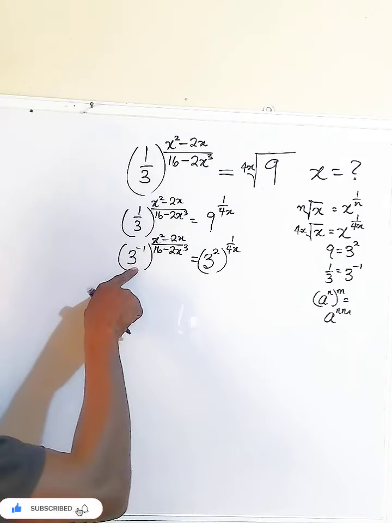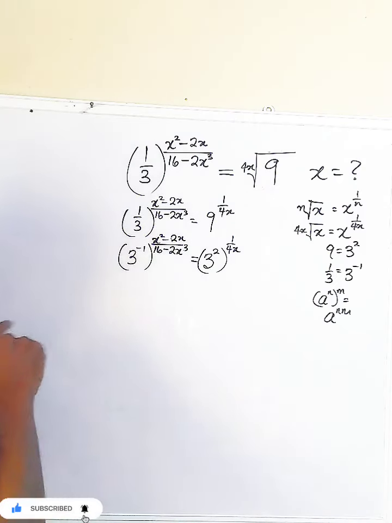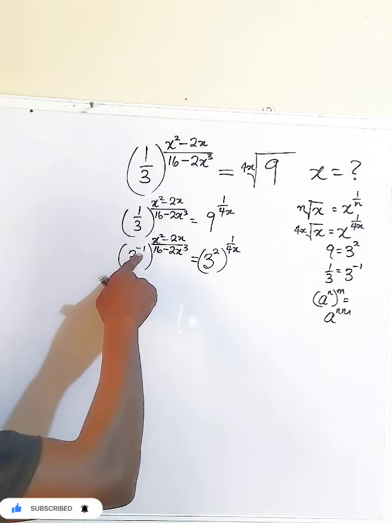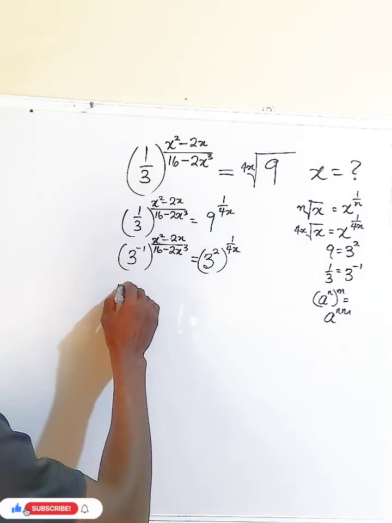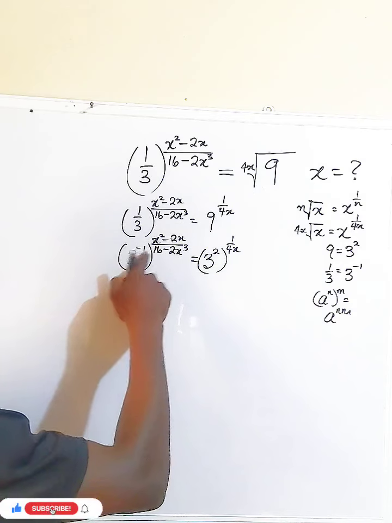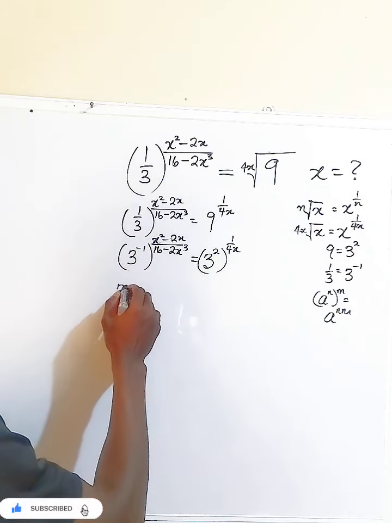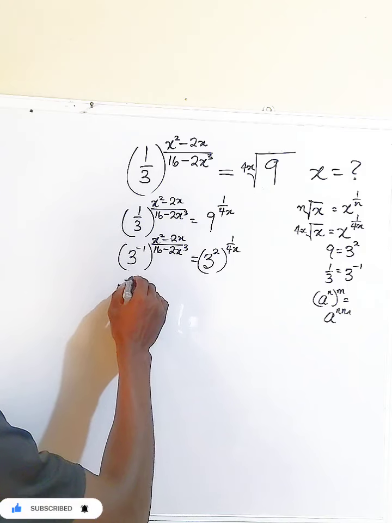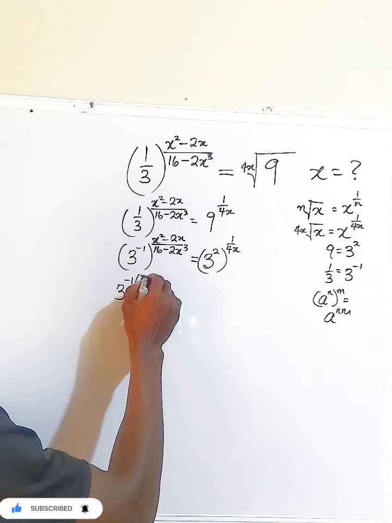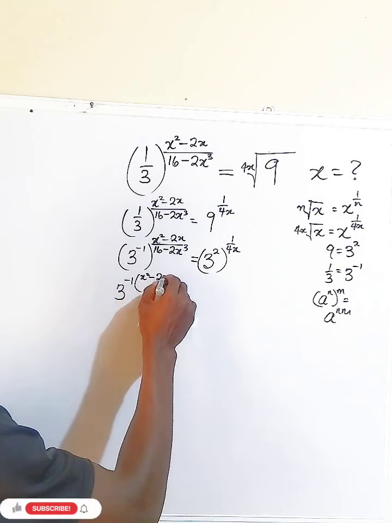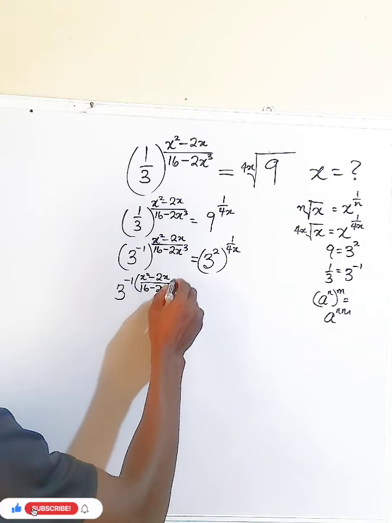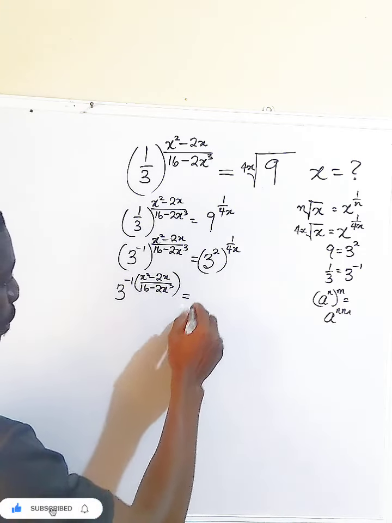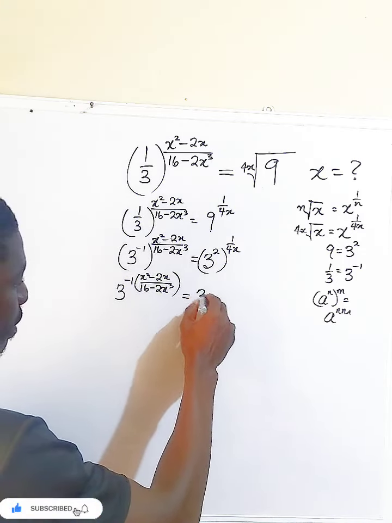Let us come to the right hand side here. You are going to see that this is raised to the power of minus 1. So here we have 3 raised to the power of minus 1 times (x² − 2x)/(16 − 2x)³, then equals 3 raised to the power of what?